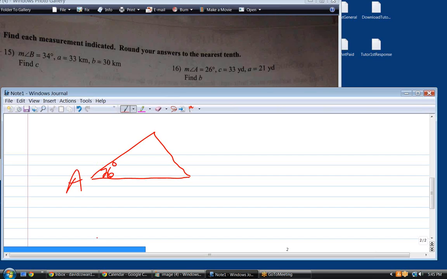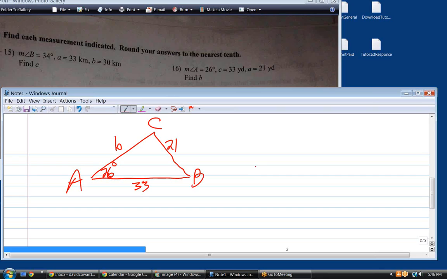Angle A is 26 degrees, side A is 21, and side C, in this case, that side C, that's 33. Well, notice that we still have angle side side, right? And they want us to find side B.